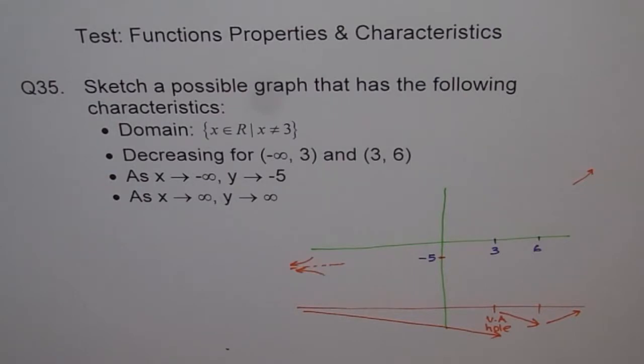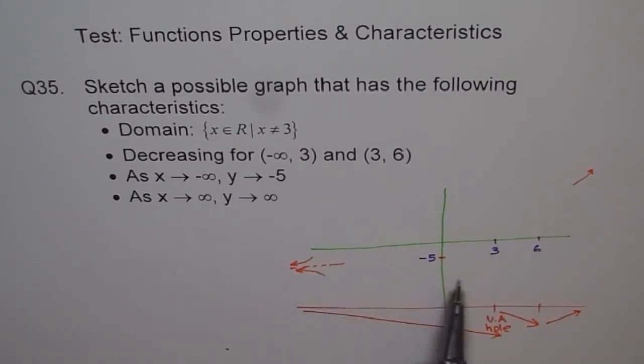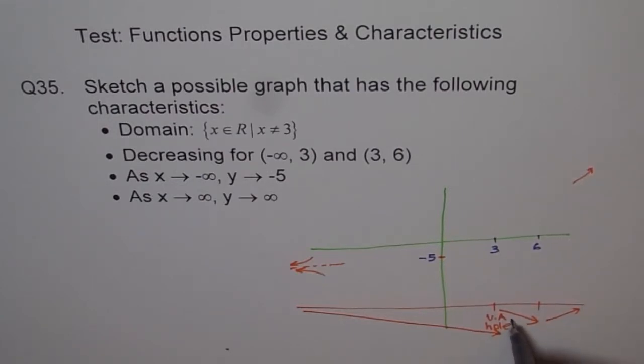Now let's try to do it. What is happening here is that the function is decreasing like this up to 3, and then from 3 it is decreasing but then increasing. A function which could be decreasing and increasing could be like this part being a parabola. Do you understand? With vertex at 6, correct? And this part could be like 1 over x, right?